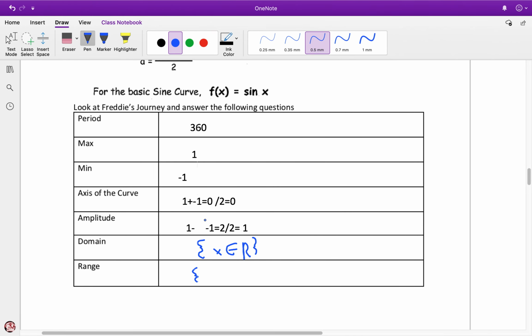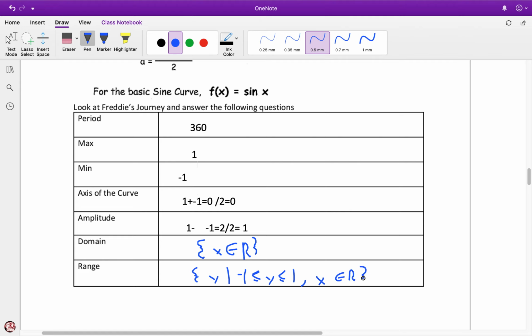So if I wanted to do the regular notation where I go y such that, it's his min is -1, so greater than or equal to -1 and less than or equal to 1, comma, x is any real number.